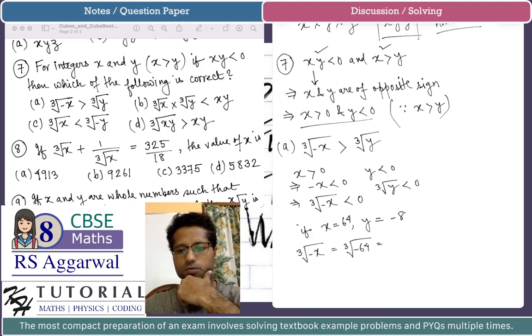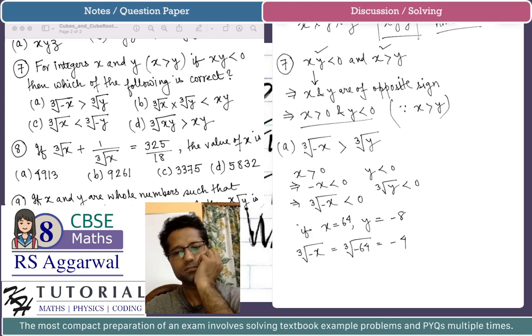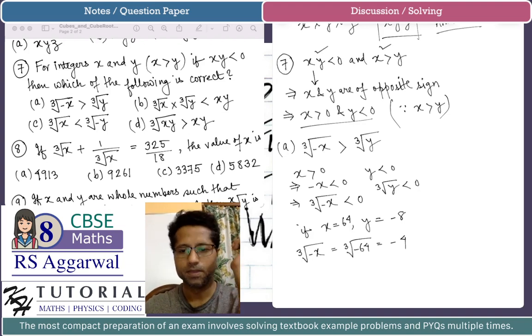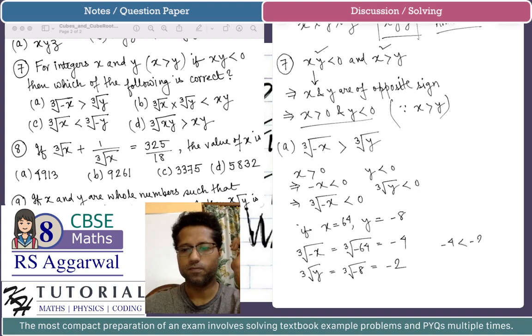This will be equal to minus 4, and cube root of y will be equal to cube root of minus 8, that is equal to minus 2. Now we can see that minus 4 is less than minus 2. So in this case, with this example, we can see that cube root of minus x is less than cube root of y.